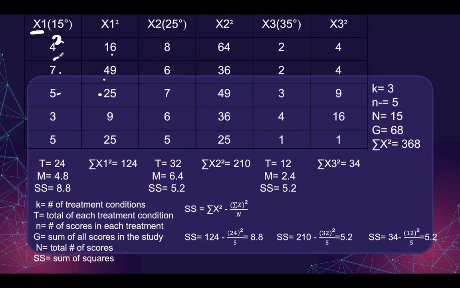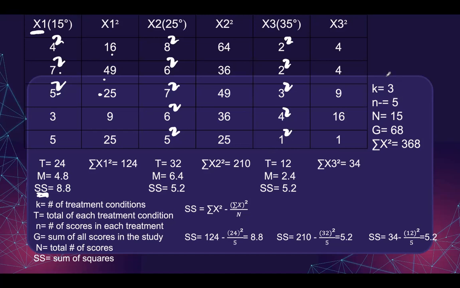I-square lang yan. Ganun din sa pangalawang variable, para makuha natin yung x squared or sum of squares na kailangan natin for computing the ANOVA. And ganun din sa pangatlong variable.